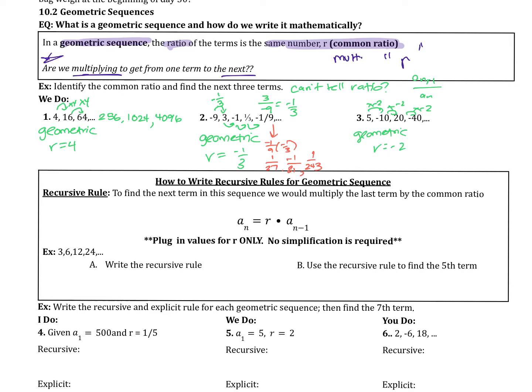My next 3 terms here: if I multiply 40 by -2, I get -80, times -2 is 160, times -2 is -320. So geometric sequences multiply by some ratio to get from one term to the next, and that ratio needs to be the same each time.